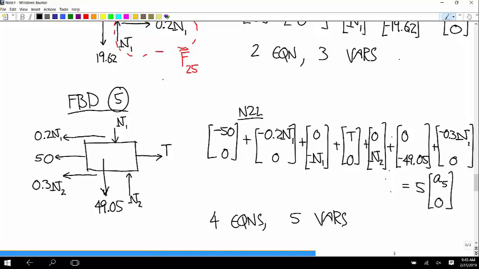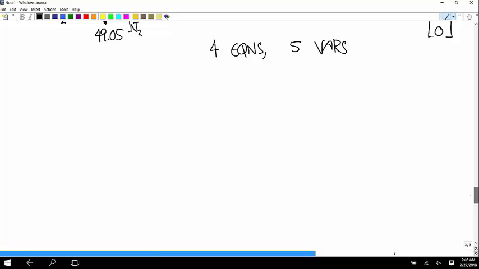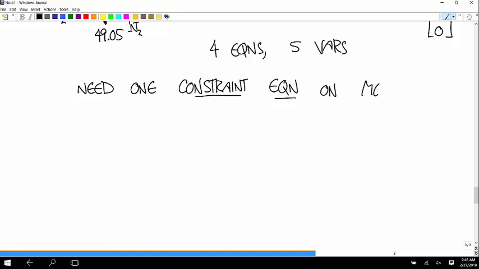It's going to come from what the cable and pulley sort of do to these objects. Like accelerations of those two boxes are not independent. If you pull one this way, the other one goes this way. Okay, so we're going to need one constraint equation on the motion.